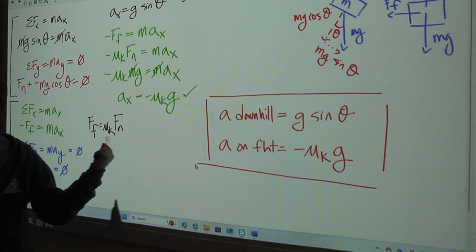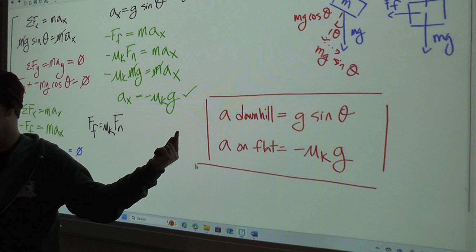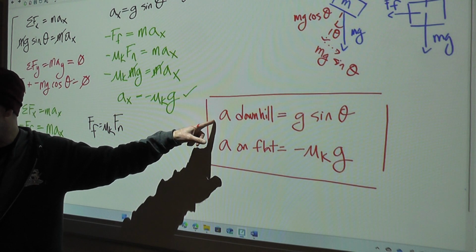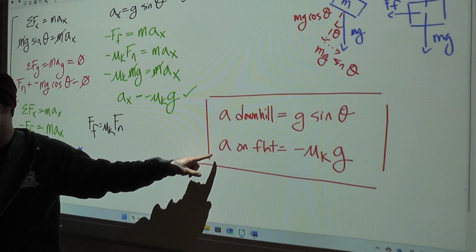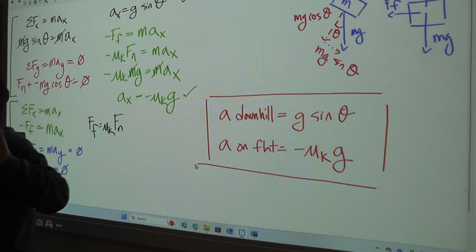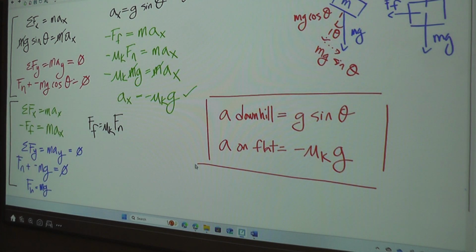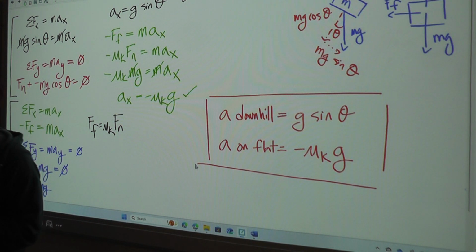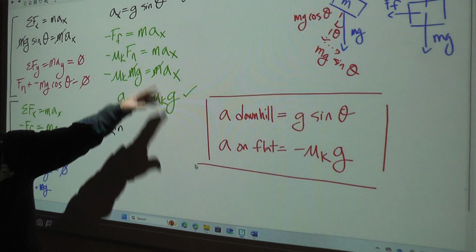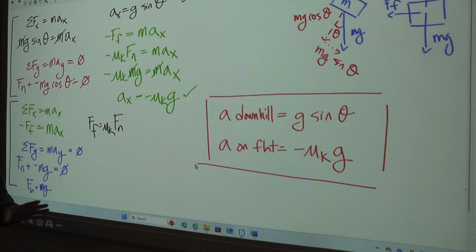We can find how far he's gonna move with the starting velocity that we computed here at this acceleration. I'm not gonna do that now, I will do that for you probably tomorrow, just so you can see it, but at this point, this is the forces part of the problem.